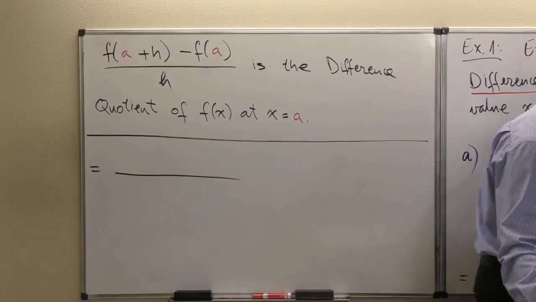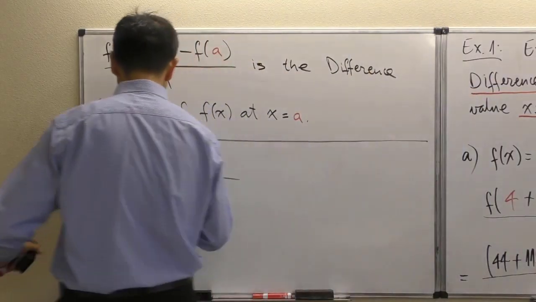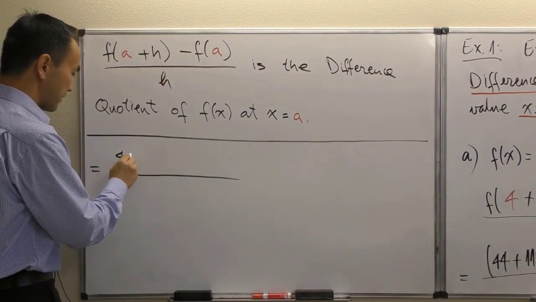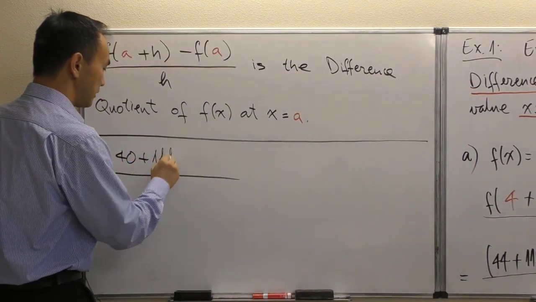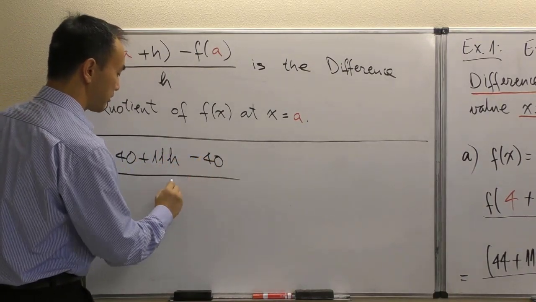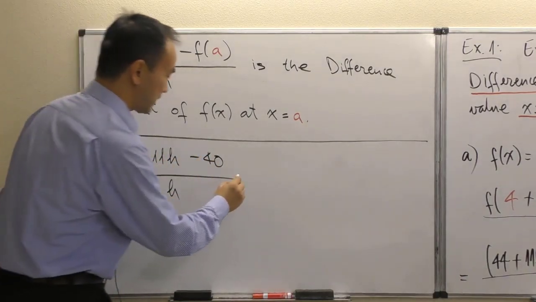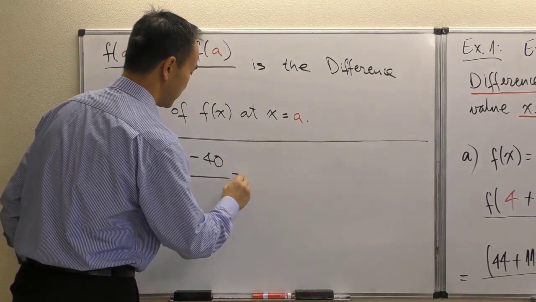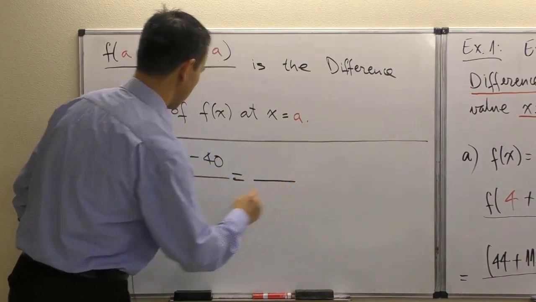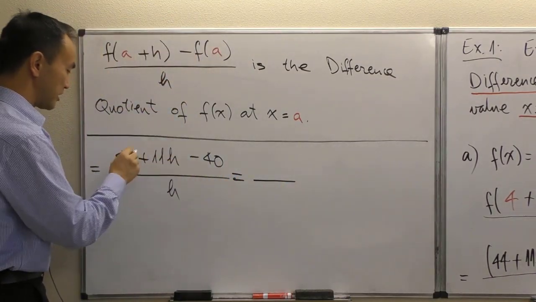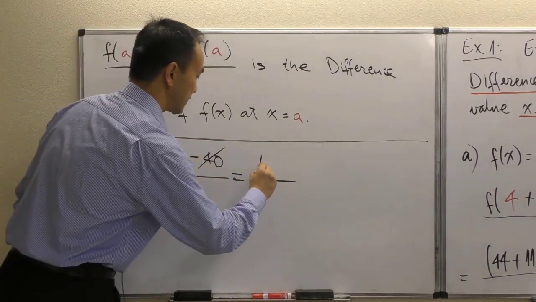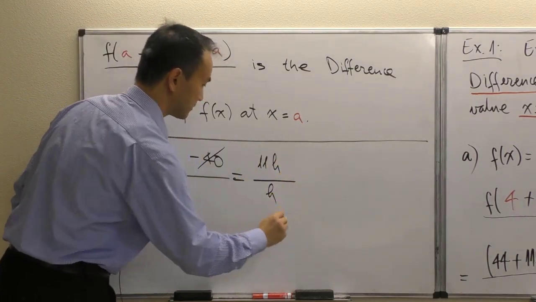So in that way, I am going to have simply 40 plus 11h minus 40 over h. Now I recognize there are opposite terms here to be canceled. So we're looking at 11h over h.